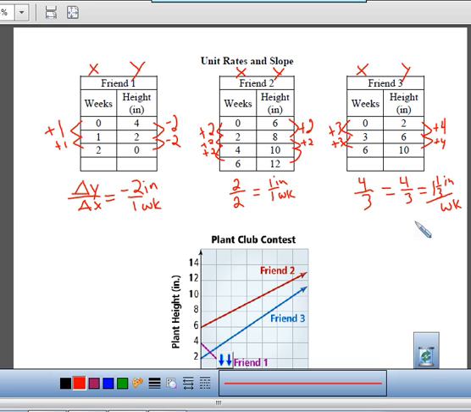Alright, so here's what we need to figure out. Which friend's plant was growing the fastest? Friend 3 has a greater rate of change.